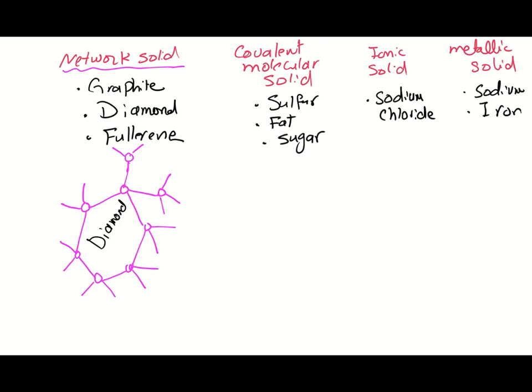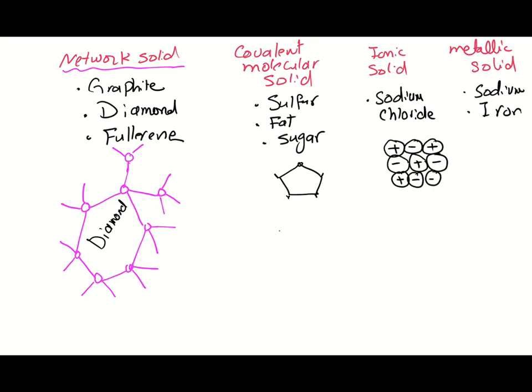In the case of covalent molecular solid, like for example sugar or any other molecule, it's just a very simple molecule. In ionic solid, it's a lattice of positive and negative ions, because ionic bond is formed between positive and negative ions.